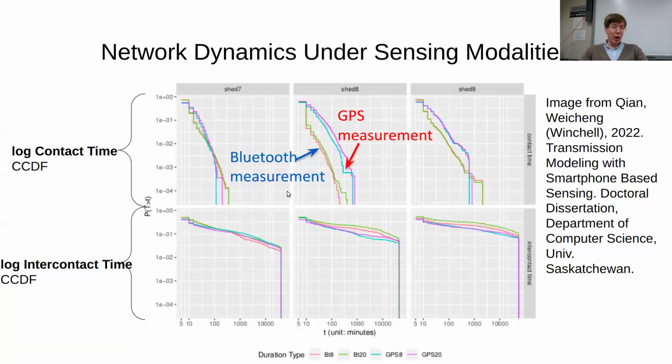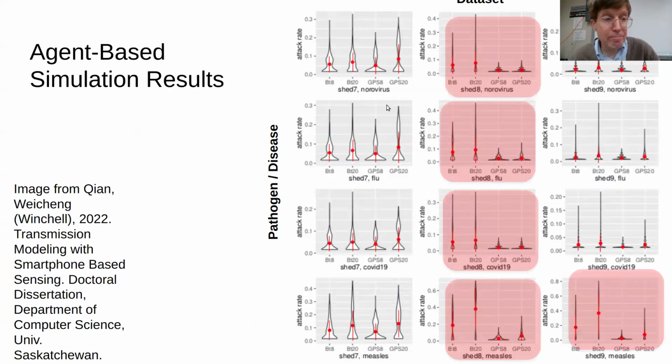Now, if you look beyond how much time they spent in contact, to again focus on how infection transmits over networks, it turns out that you can get very different impressions based on how precisely you measure contacts. And for those who have interests in communicable disease transmission, I recognize and respect the fact that not everyone does have those interests.